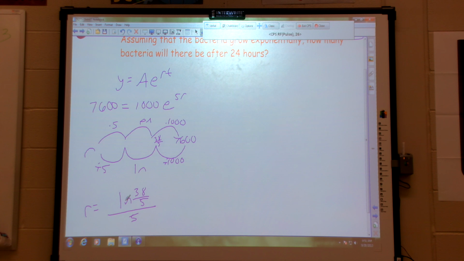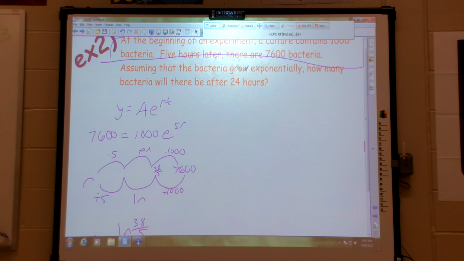Now that I've found the rate, I work the problem all over again, but this time I actually answer the question. I want to know how many will there be in 24 hours. So y equals a e to the RT. I still started with 1,000, correct? My rate, though, I now know is natural log of 38 over 5 all over 5.